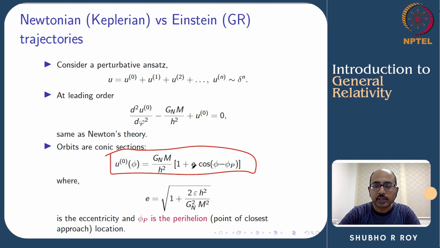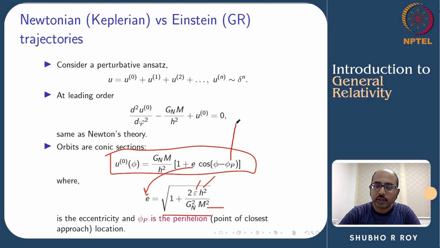The first constant e is the eccentricity of the conic section, which is given by this formula. Just a refresher from your undergrad course, psi is the specific energy, h is the specific angular momentum, and of course m is the mass of the central star, which is creating this gravitational field. So the eccentricity of the conic section can be determined from that.